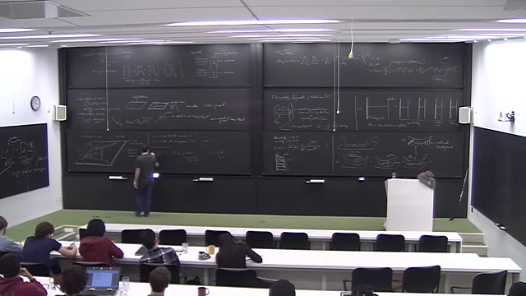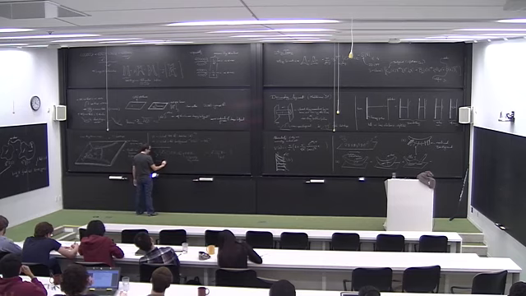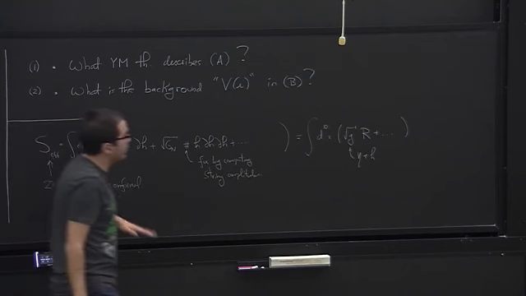Okay. Another way of deriving this effective action follows very beautifully from requiring that the 2D string theory is conformal. So what does it mean to be conformal?